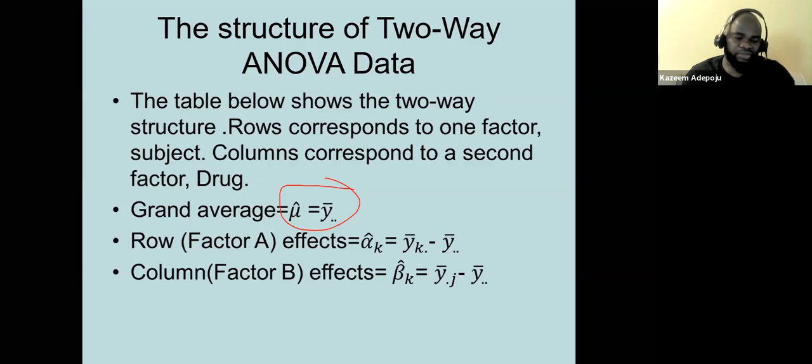Just like in multiple linear regression where we can find the main effects of predictors, we can also find the interaction effect of the predictors. In analysis of variance, we can look at the effect of factor A and the effect of factor B. To look at the effect of either factor, I first need to obtain the grand mean, which is the mean of the response.